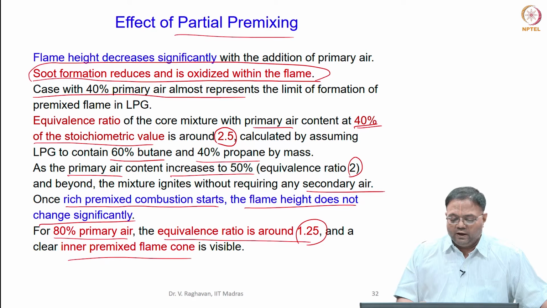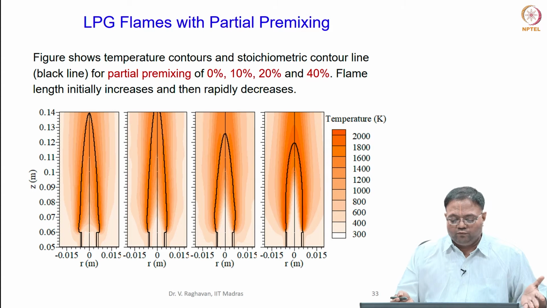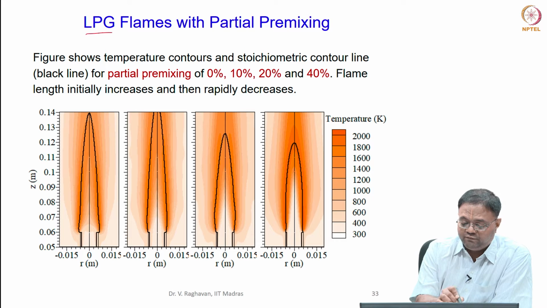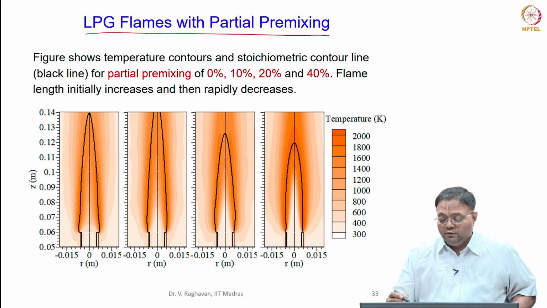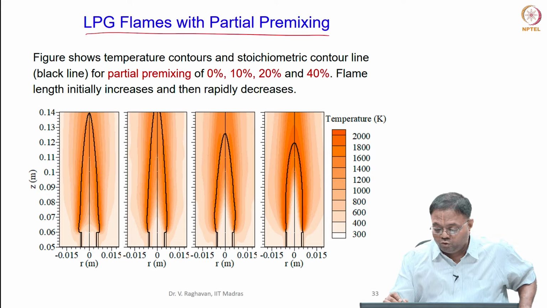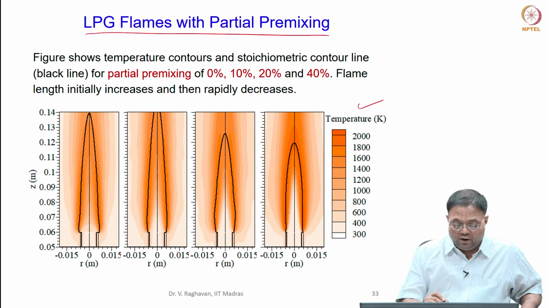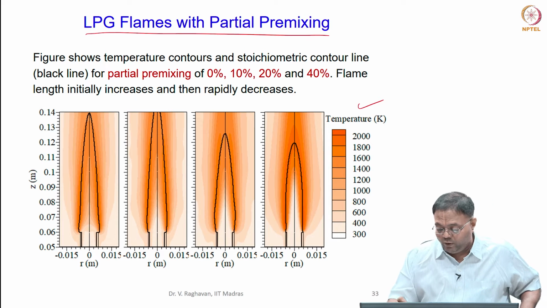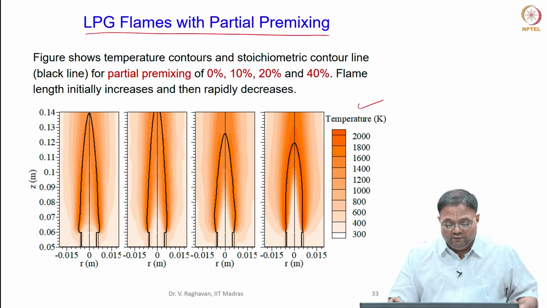Now, again, these are experimental results; numerically we also see the same effects. Here LPG flames are numerically predicted. The orange contours show the temperature contours in Kelvin. The bright orange is 2000 and the white is about 300 Kelvin.